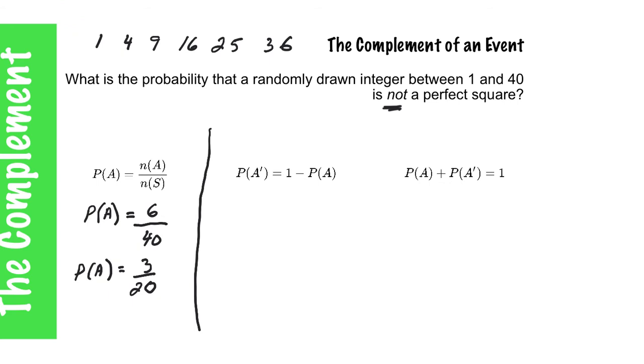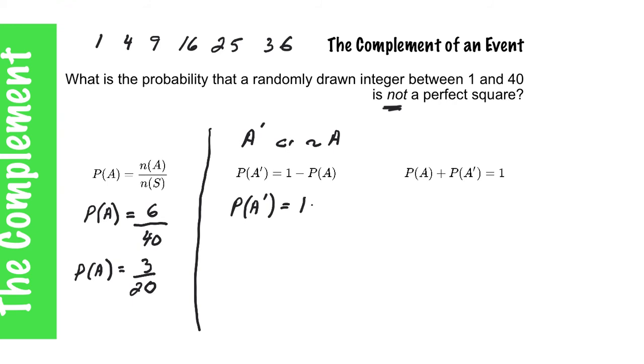Fractions are exact, whereas when you put it into a percentage, sometimes you're approximating and it becomes less accurate. So the probability of the complement, and the complement can be shown as A prime or as tilde A, is simply 1 minus the original.